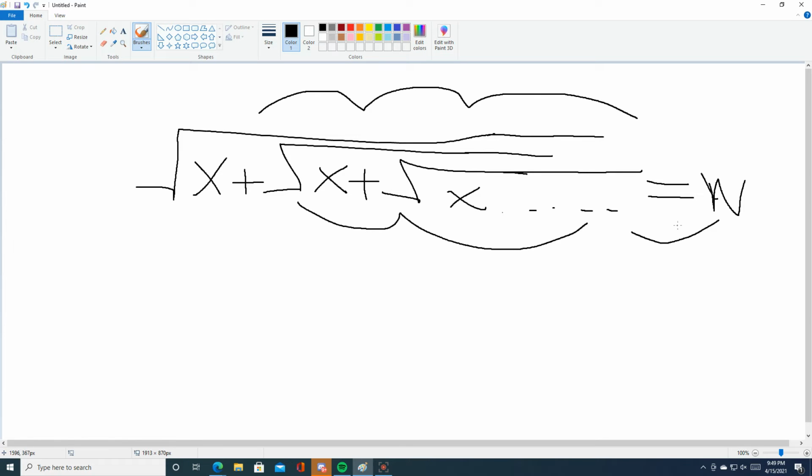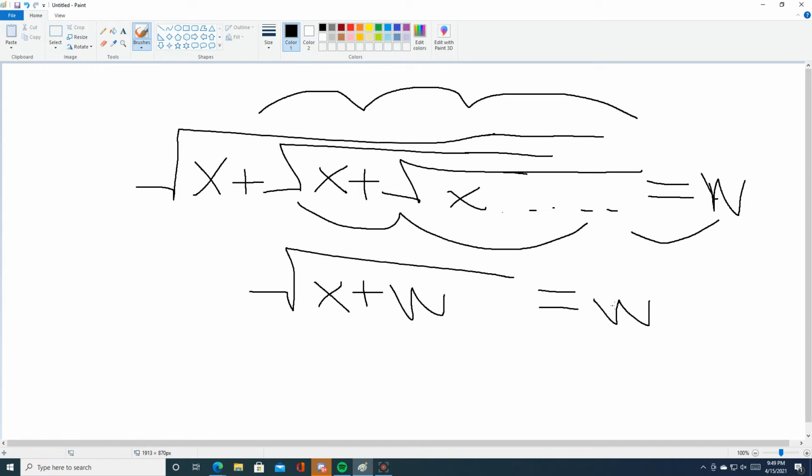Do you understand why? It's still an infinitely radicalized root that has the same expression as w. It's still w because it goes on infinitely long. So this might seem mind-boggling at first. We can write this now as the square root of x plus w is equal to w.